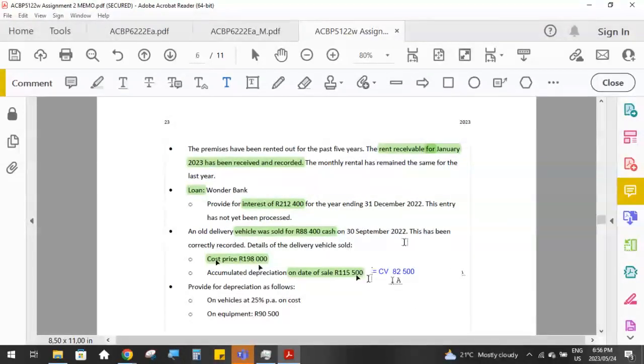The vehicle had a carrying value of 82,500. It was sold for 88,400, which means we sold it for more than its carrying value.